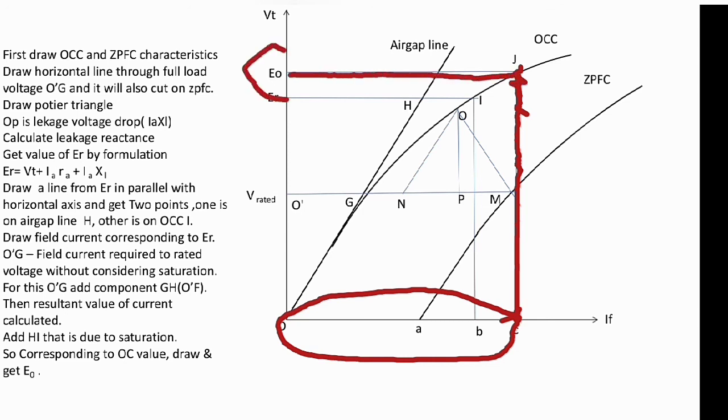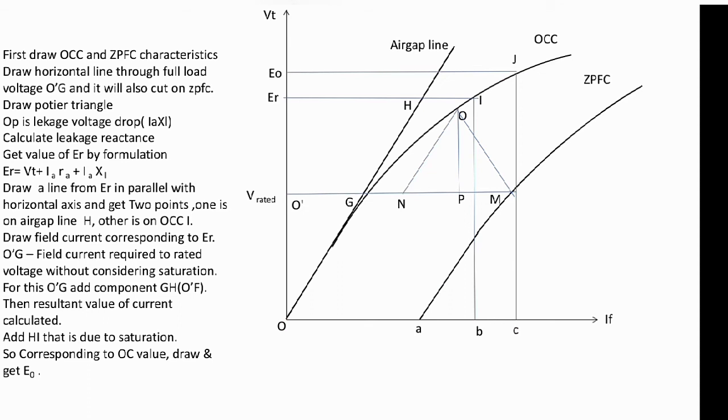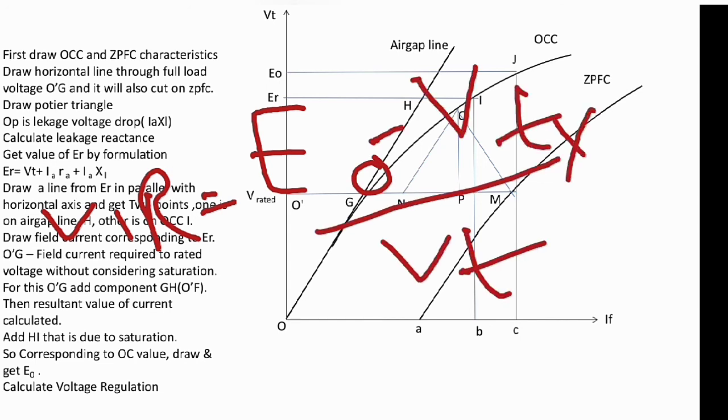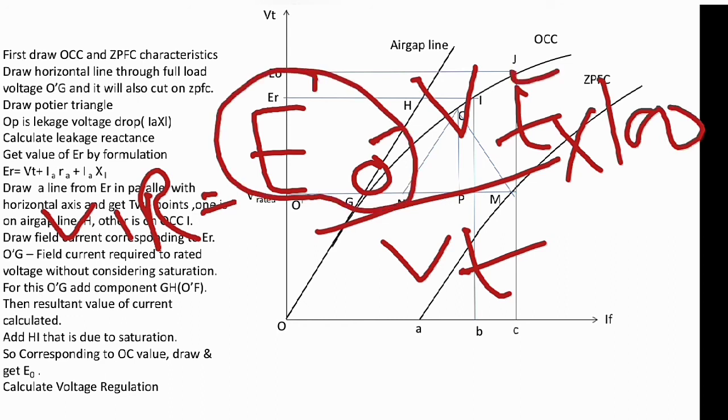So this way we get the E naught. E naught is the open circuit voltage value, and if we get E naught we get the voltage regulation, because voltage regulation equals E naught minus Vt divided by Vt times 100. So if we get E naught, and Vt is already given, we get the voltage regulation.